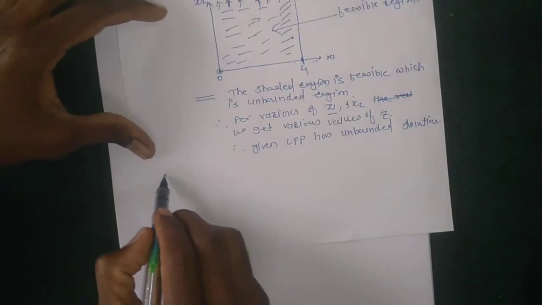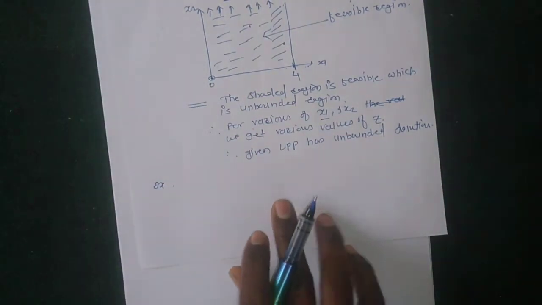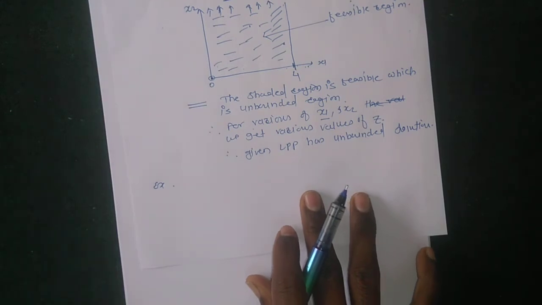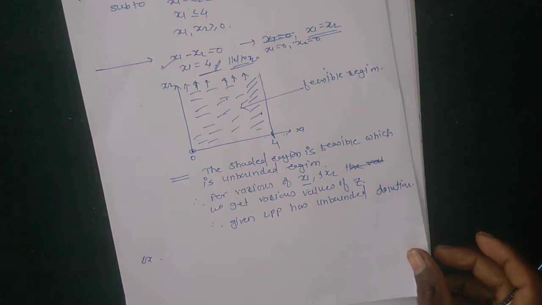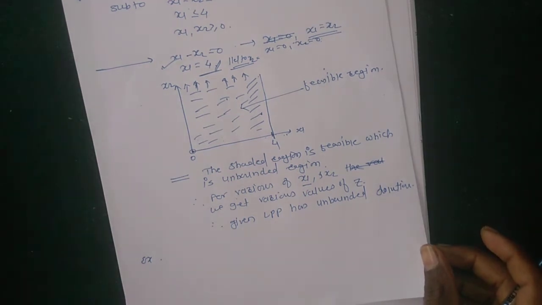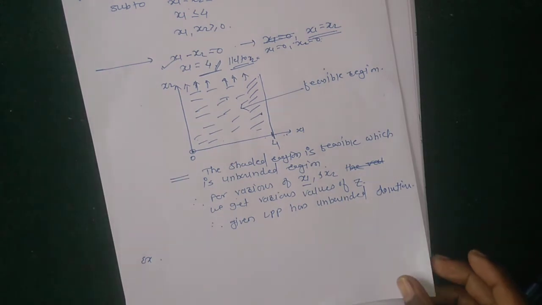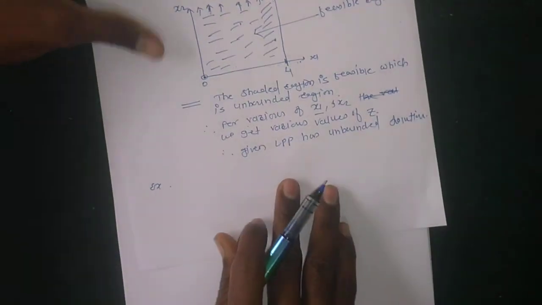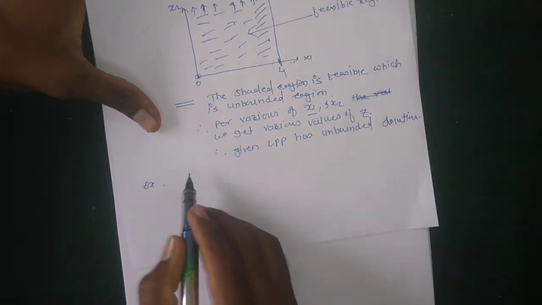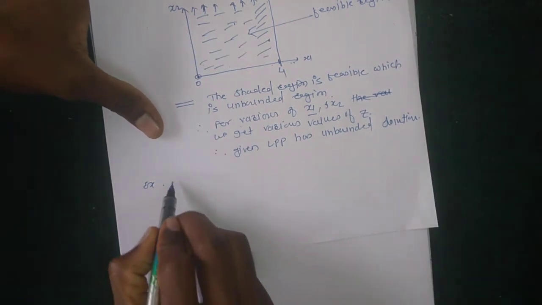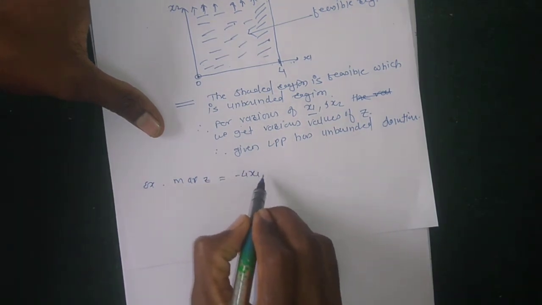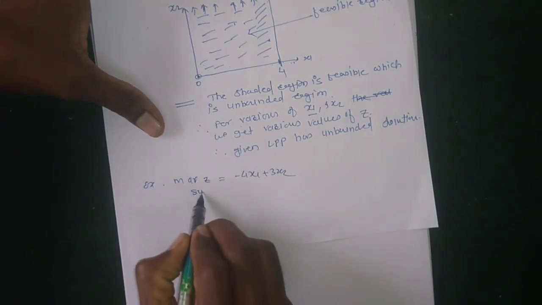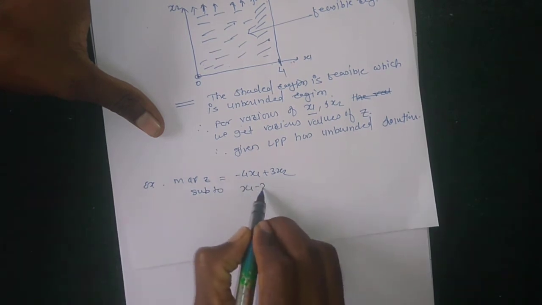Some examples for homework. Check the solutions of the given LPP: maximize z = minus 4x1 plus 3x2 subject to x1 minus x2.